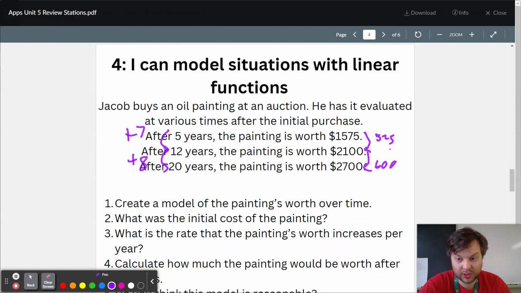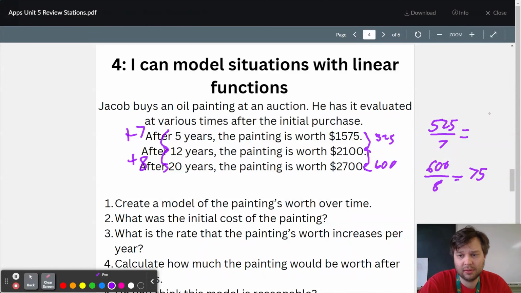And then check, what's your slope? 525 divided by 7, 600 divided by 8. 600 divided by 8 is 75, and so is 525 divided by 7. I think. Let me double check. Yeah, 75. Should have known.